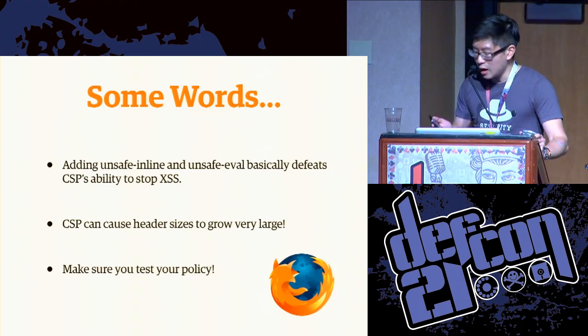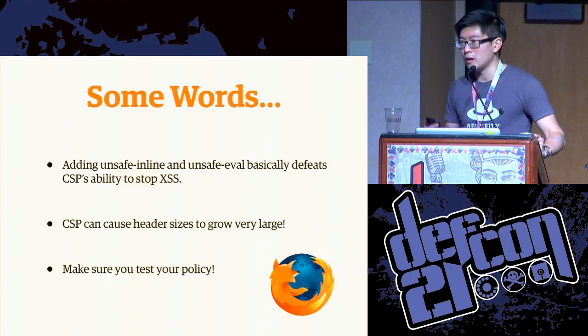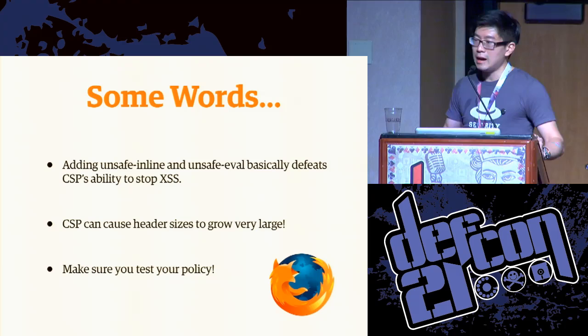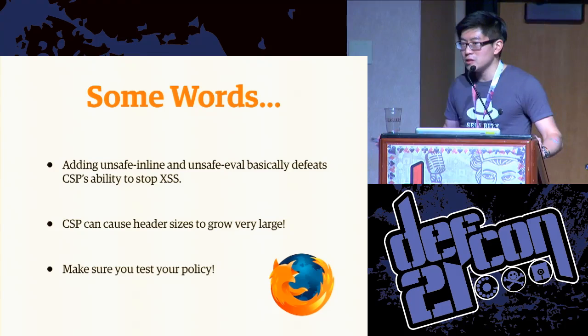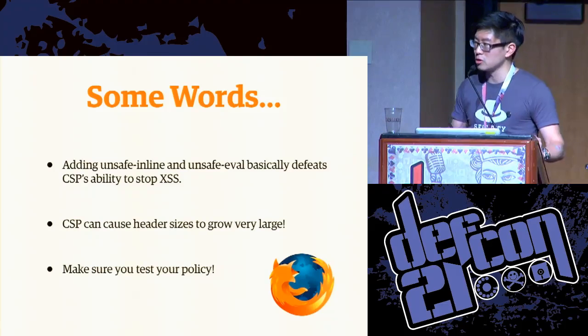In addition, if you choose to implement it as a header, you can potentially be including a very, very large number of sources in your policy. And that can cause your header sizes to grow, which can potentially have an impact on performance. And the last sort of obvious point is that you should always make an effort to test your content security policy before you roll it out to production.